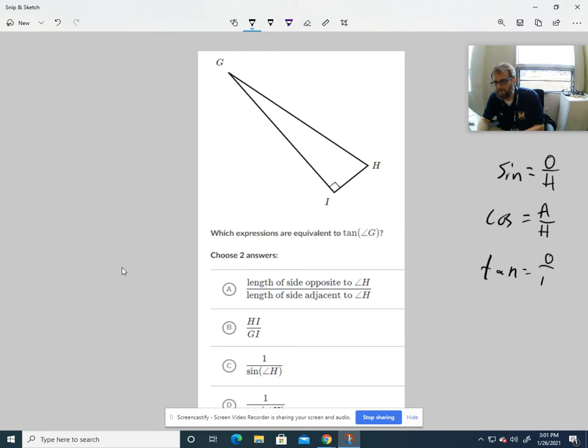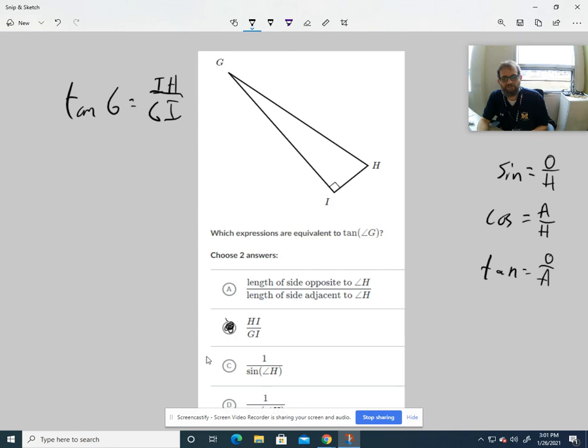Tangent is opposite divided by adjacent. So the tangent of G would be opposite, which would be IH or HI, I don't know how they want to write it, over opposite over adjacent. So there it is, right there. So first answer is right here.